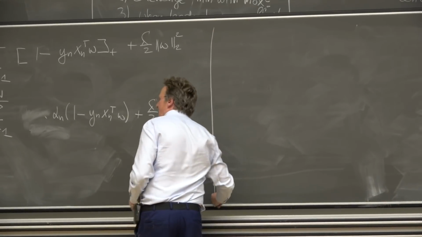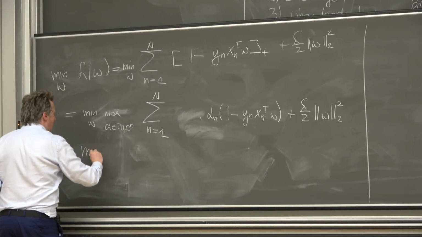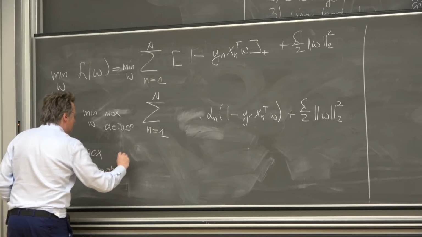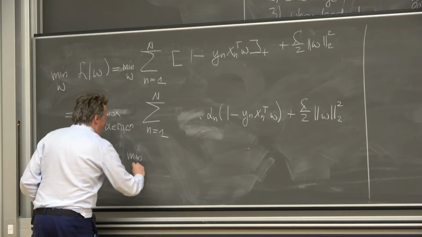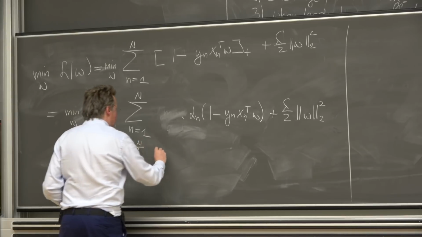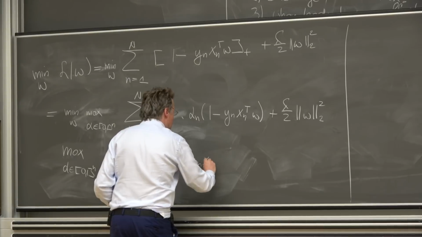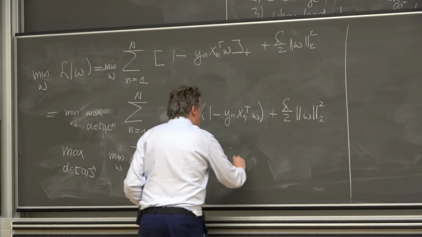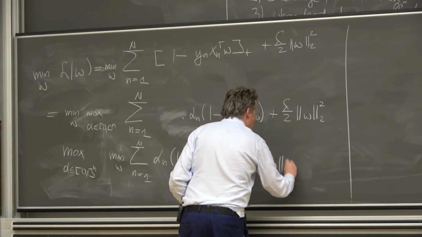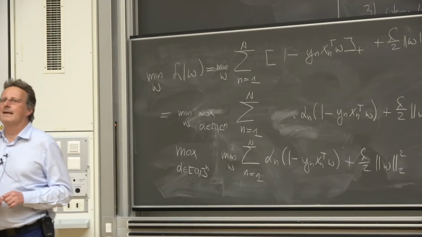This means this is now equal to the max over the alpha, and we have the min over the W. So what's the next thing we should do?